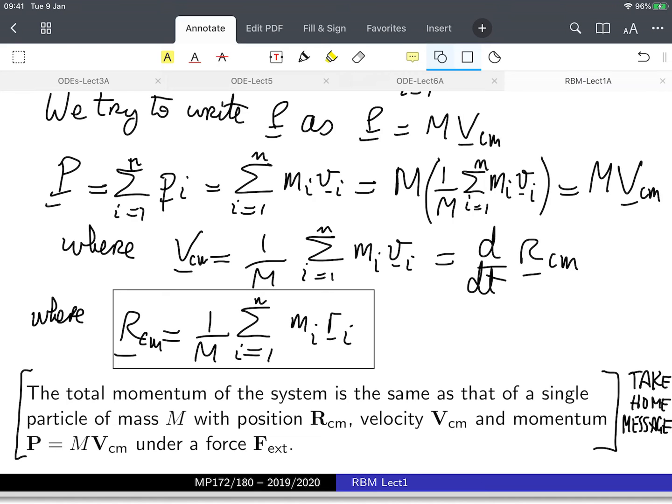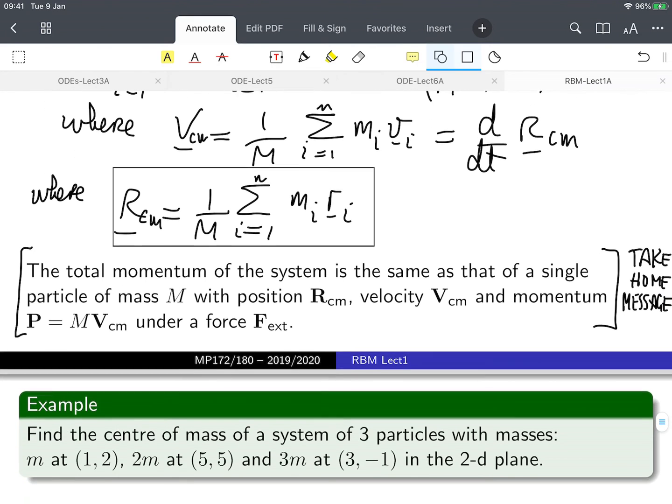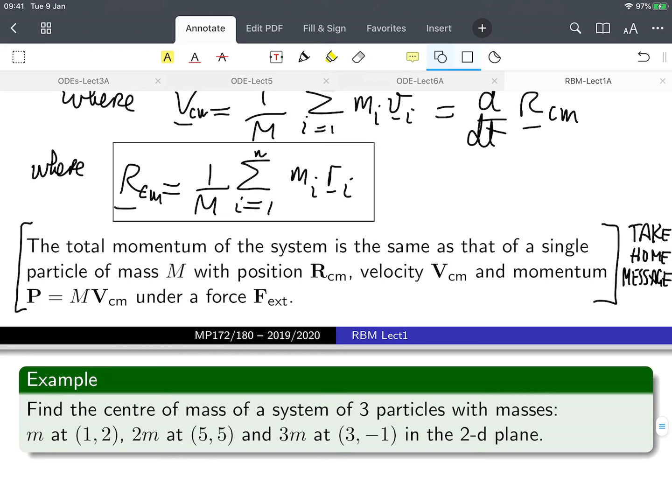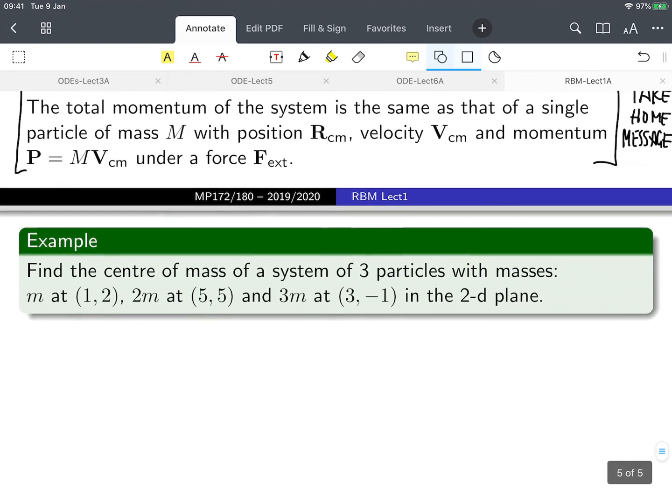And just to ram it home, we're going to do an exercise now where you're asked to find the center of mass of 3 particles. One is particle m positioned at (1, 2), 2m at (5, 5), and 3m at (3, -1) in the 2D plane. Where is the center of mass?